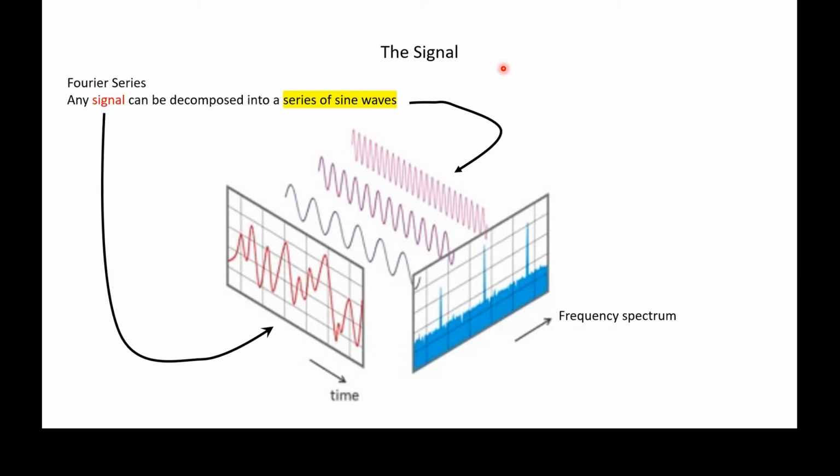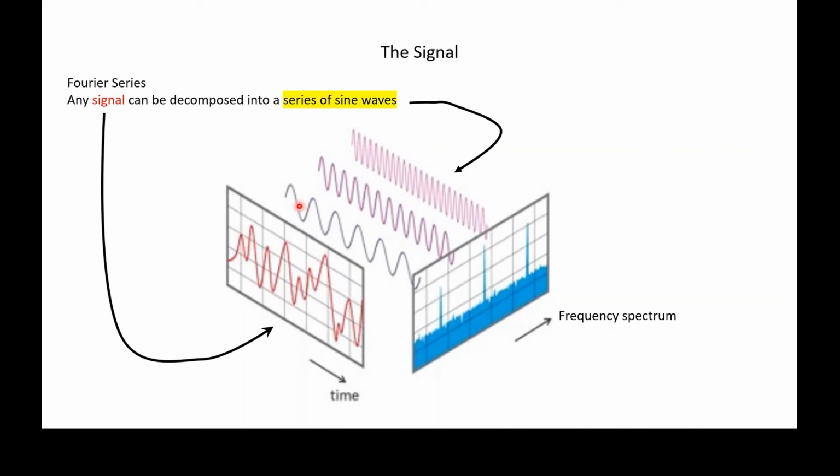And you might say, well, okay, respiration is a repeating signal. That's not too bad, but there's lots of signals that don't repeat. Well, if you take the chunk of the signal that you've measured and say, all right, that is the signal, then you can still decompose it into a series of sine waves using the Fourier transform. Fourier said, you can take this odd-looking signal that seems to be randomly varying all over the place, but it does repeat over time.